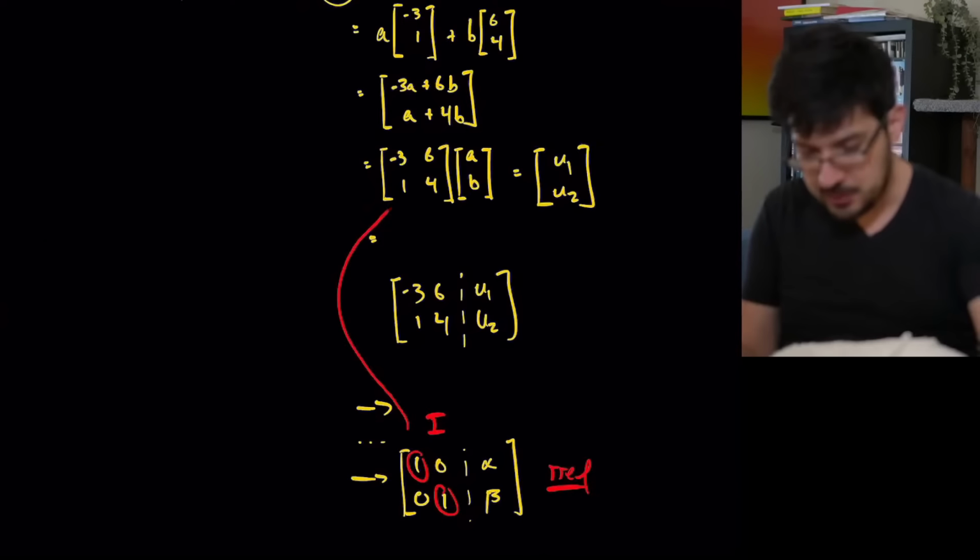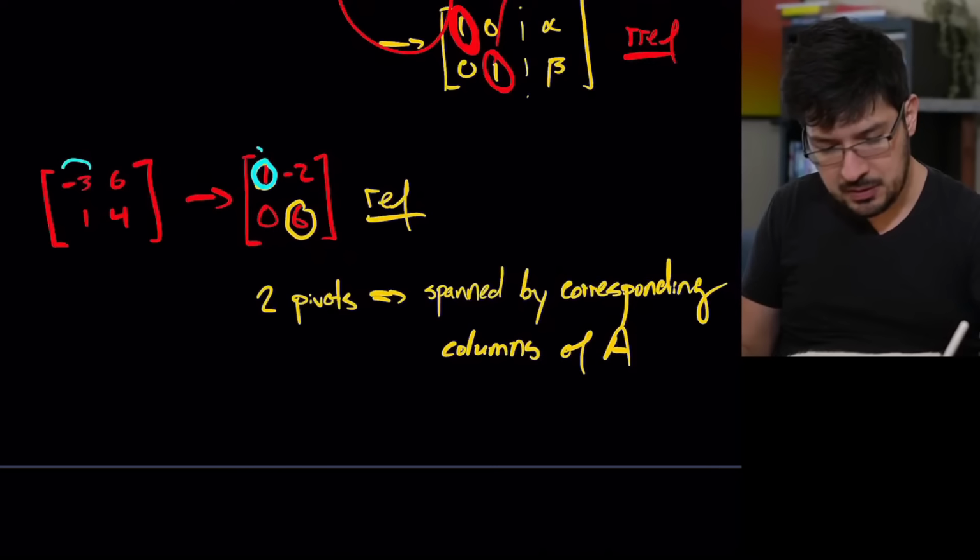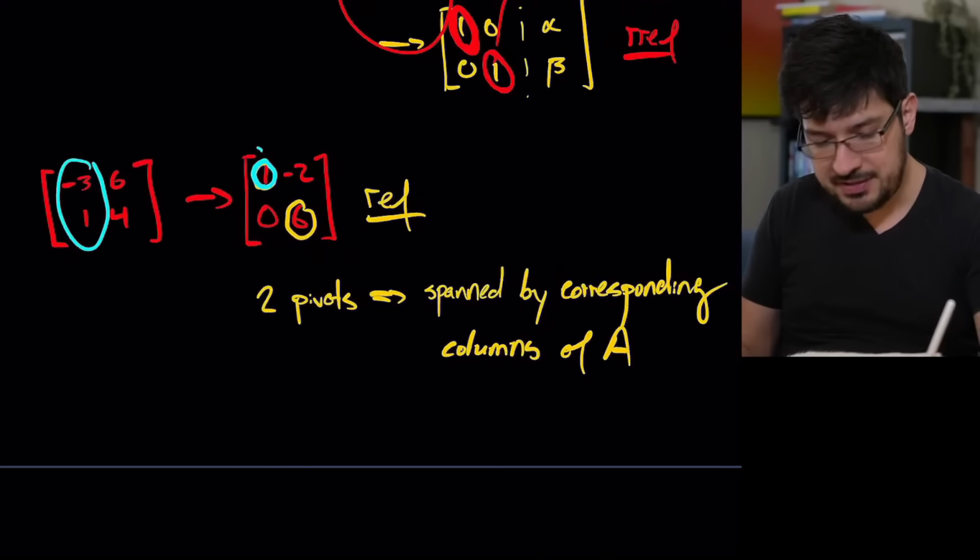Because there is a pivot in the first entry, this is the original column vector in the original matrix, and because 6 is a pivot, let's just use yellow, why not?